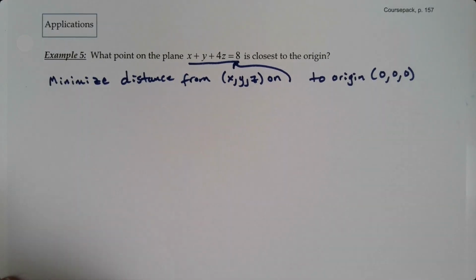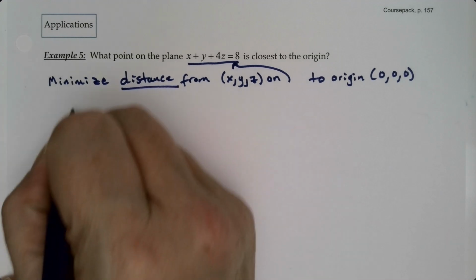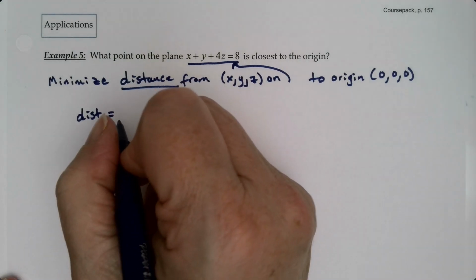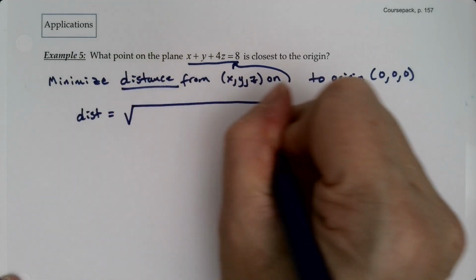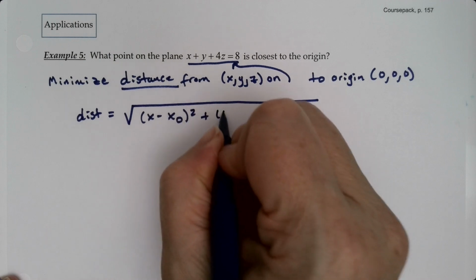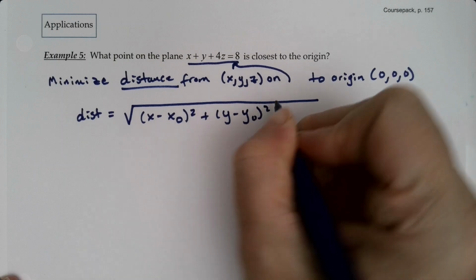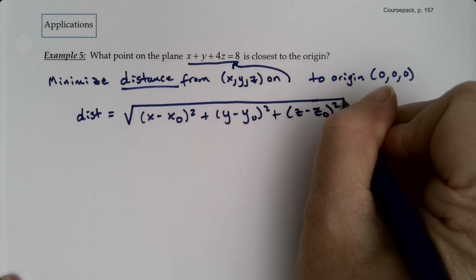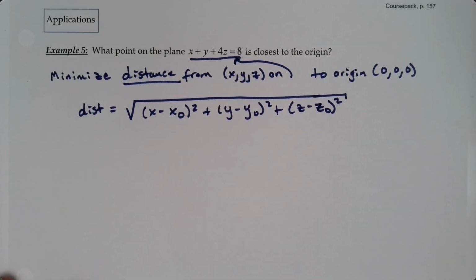All right. Well, it would help if we remembered the formula for distance. So let's look at distance, shall we? Distance is equal to the square root of x minus x0 squared plus y minus y0 squared plus z minus z0 squared. We talked about this in one of the very first sections of this course.